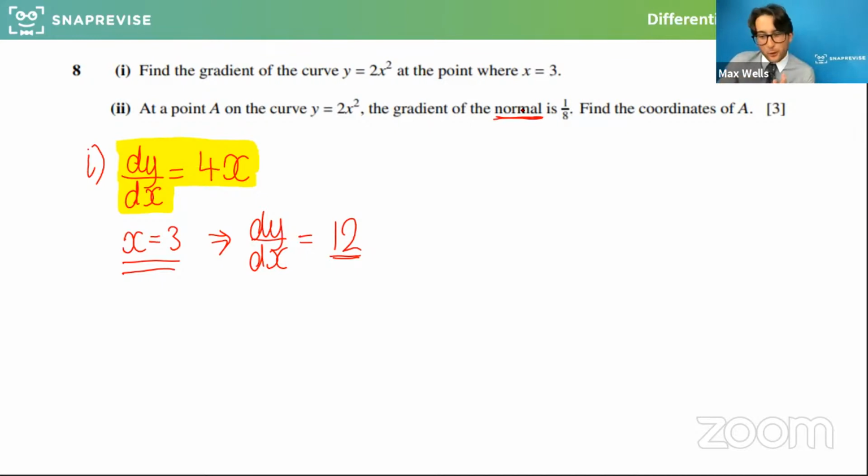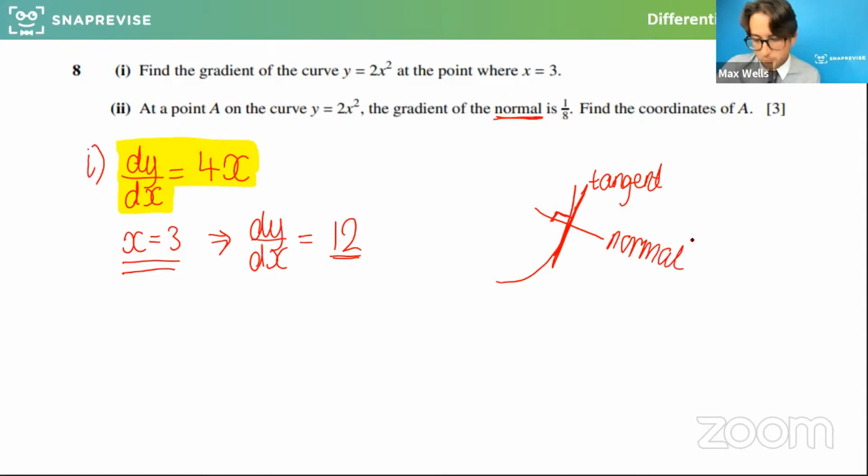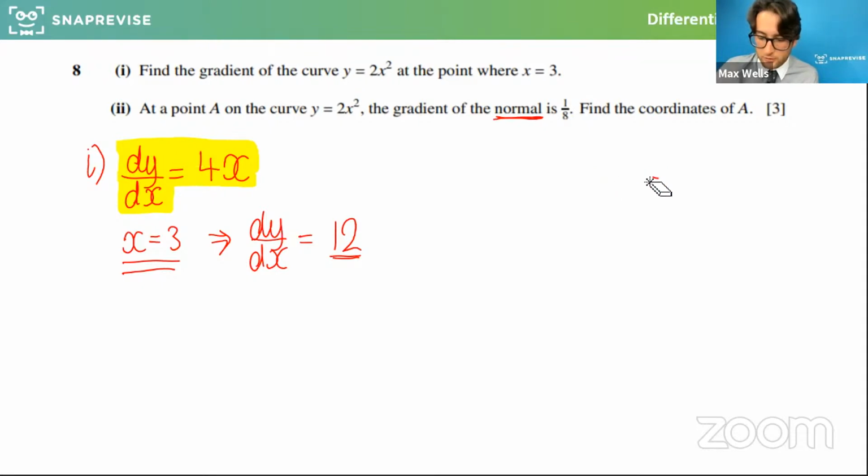It's kind of like the opposite of the tangent. It's the perpendicular line to the tangent. So it sort of chops through the curve at 90 degrees. So that would be the tangent, and then at 90 degrees, that would be the normal. So the normal basically cuts through the curve at 90 degrees. So that would be the normal line.